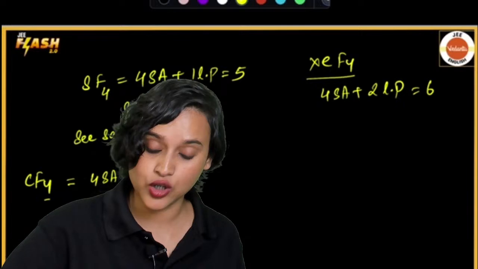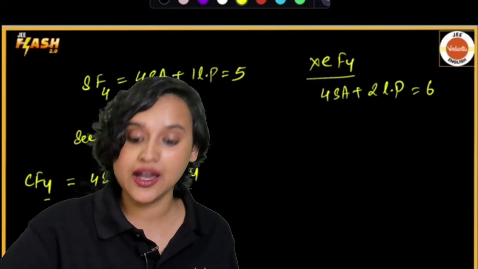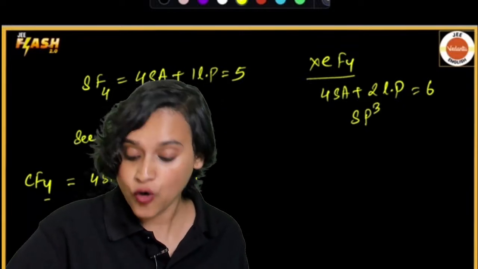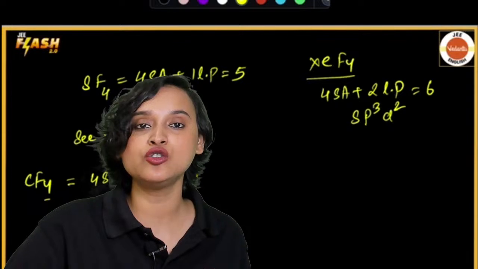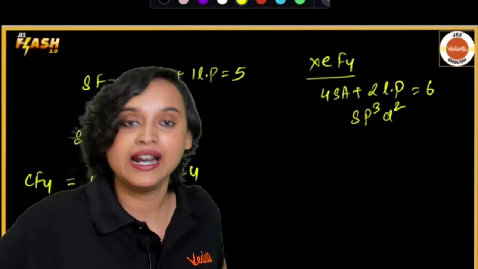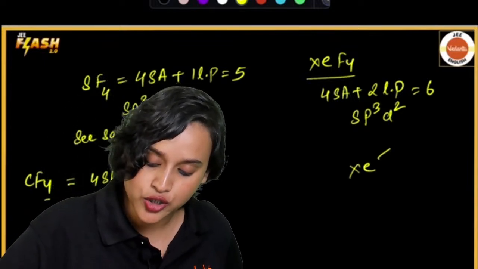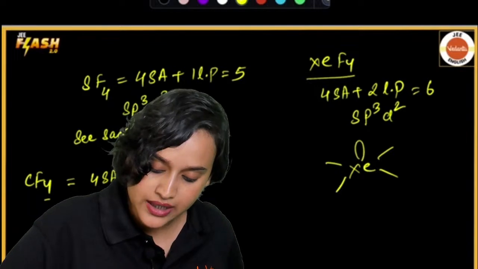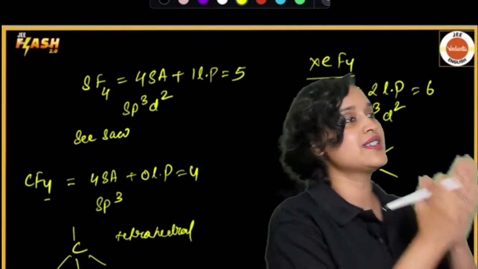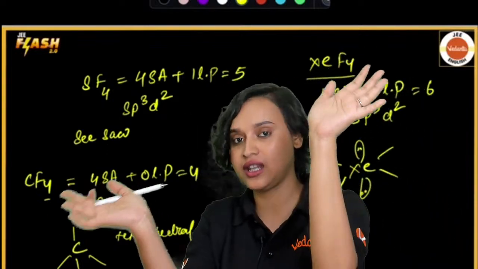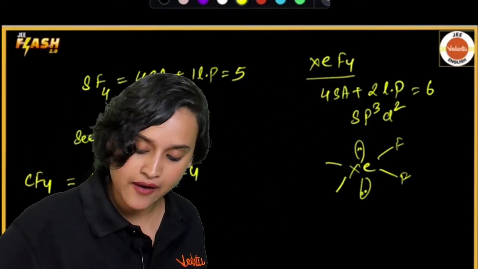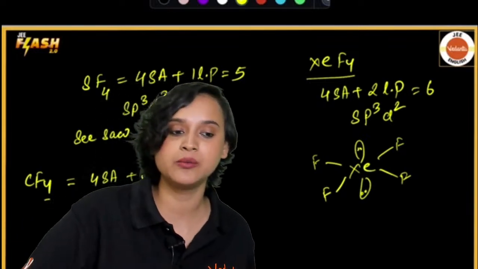If steric number is 6, then we will have sp3d2, which is octahedral. If it is octahedral, then how is the shape going to be? 1, 2, 3 and 4, right? So you will still have 1 lone pair here and a lone pair here. Always remember, the lone pairs always have to be at the farthest. So here you will have F, F, F and F. So this will be the shape.